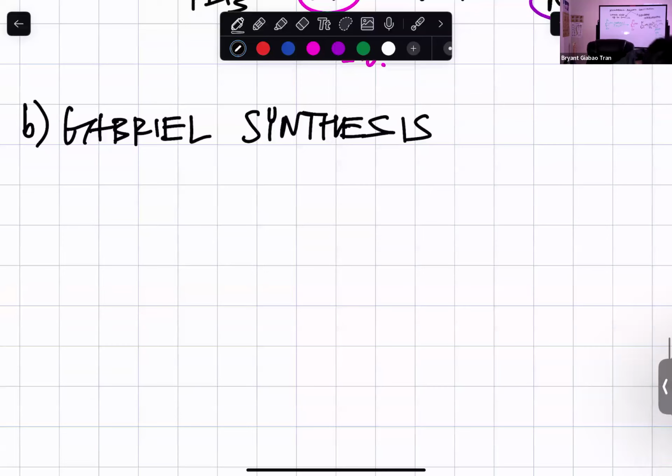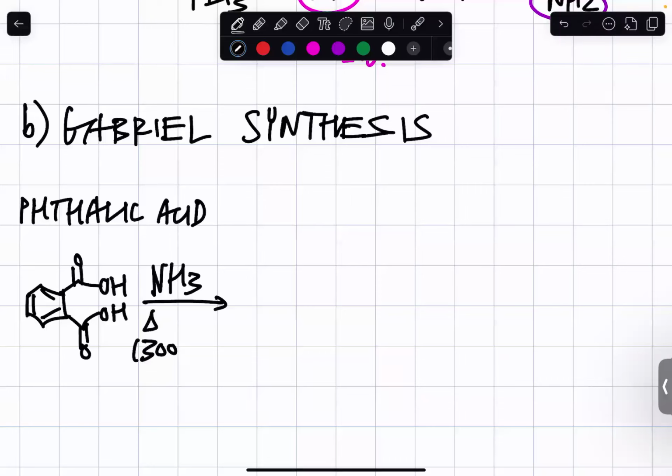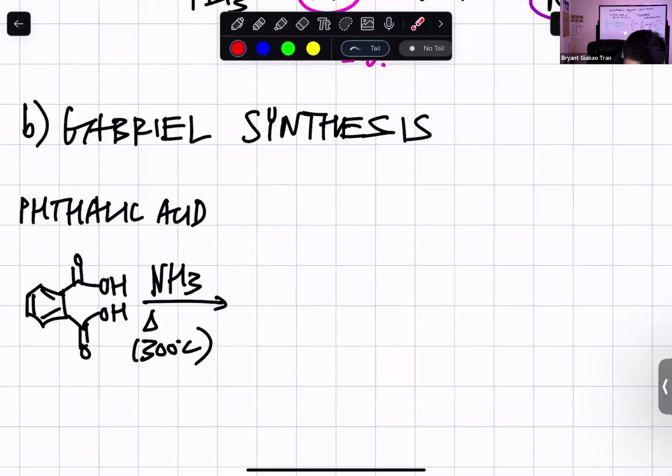We're going to start with phthalic acid, which has a distinct structure: a benzene with 2 carboxylic acids ortho to each other, like this. If we react those 2 carboxylic acids with ammonia and high heat, like 300 degrees Celsius, do you remember what that would do?